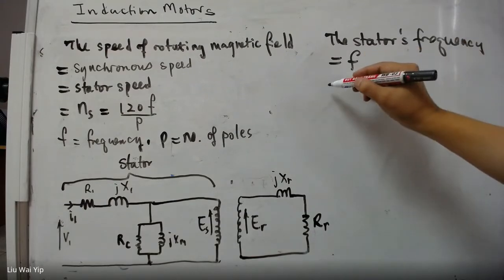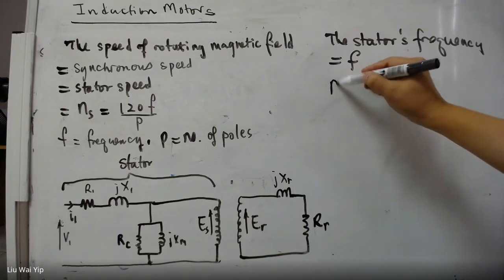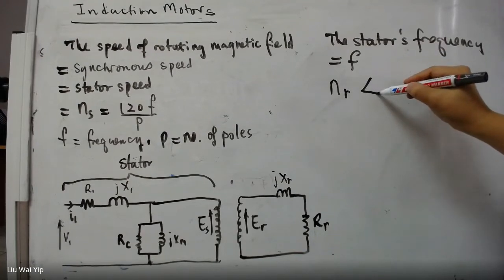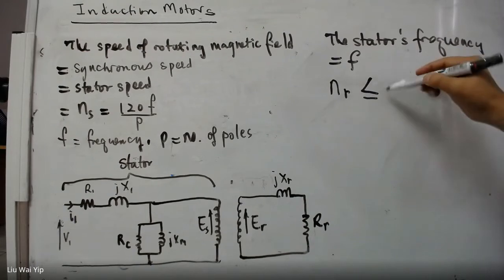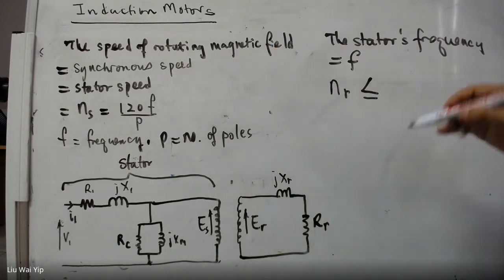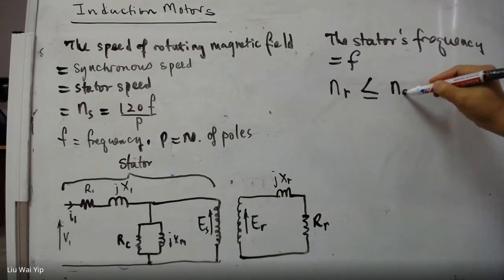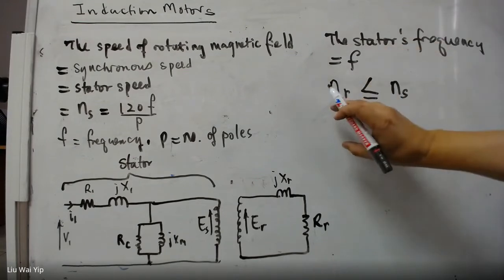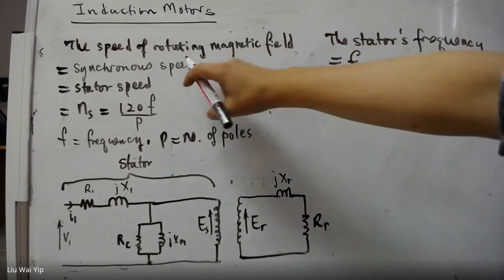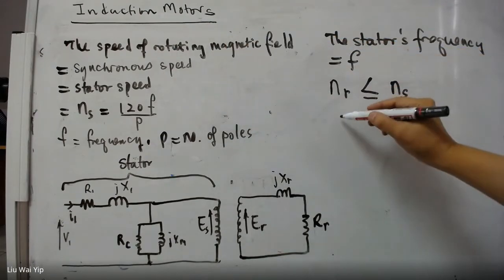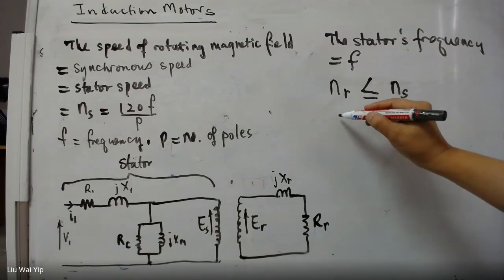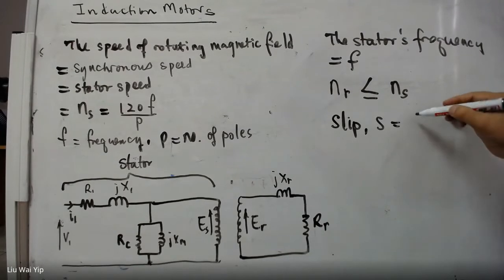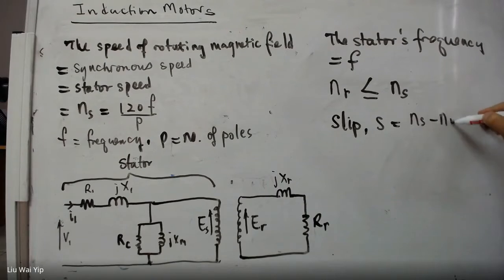The angular speed of the rotor, nR, is much less than the synchronous speed. And usually the difference between the speed of the rotor and the speed of the rotating magnetic field can be related by a parameter so-called slip.